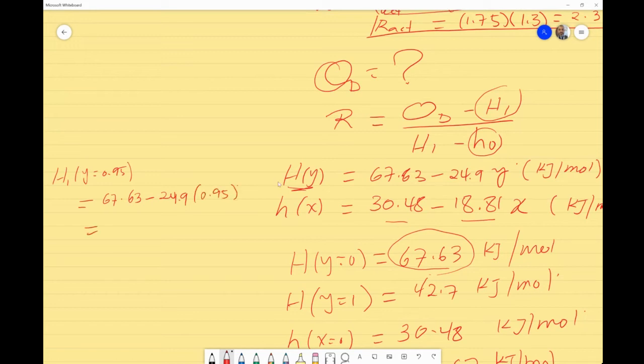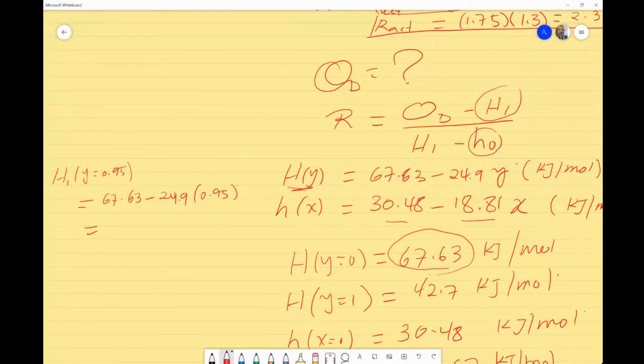What would be the value here, guys? 43. Yeah, 43.